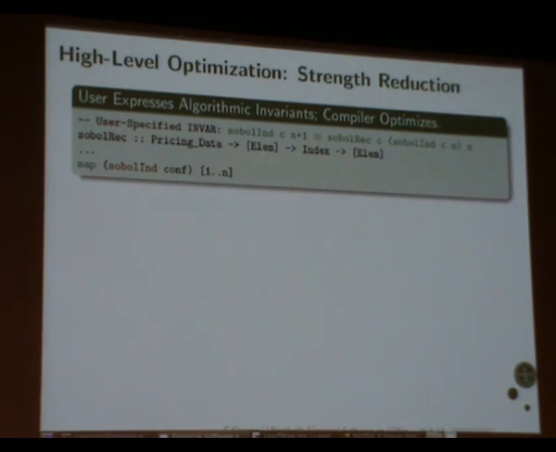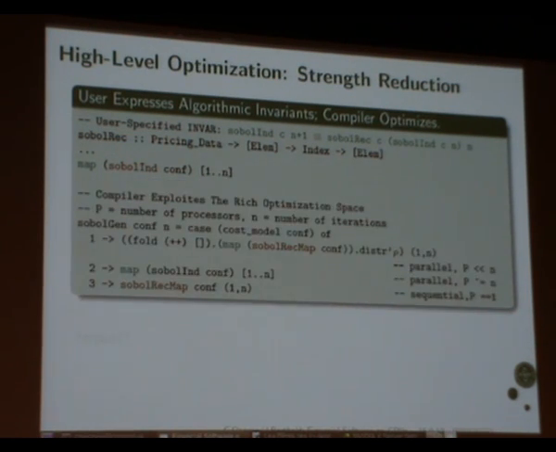So in essence, we would like the user to express this invariance. Basically, the fact that Sobol independent and Sobol recurrent are in the strength reduction relation. And then the compiler can basically generate this code in which the most efficient version for the hardware and data is chosen each time.